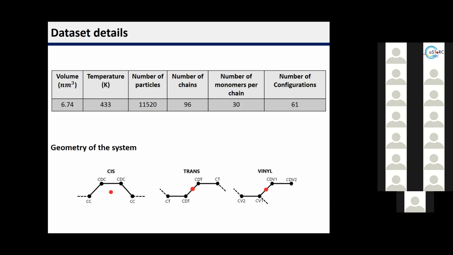Here we have some details about the dataset we utilize to implement the method. We have a system with 96 chains and 30 monomers per chain, with a total of 61 configurations. Here we can see the total number of particles we have per frame.